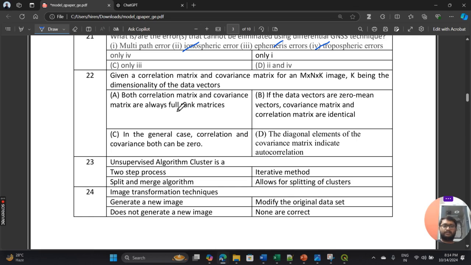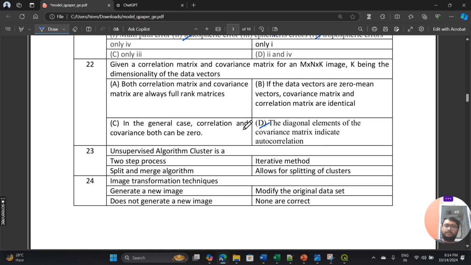If both data vectors are zero, the covariance matrix and correlation matrix are identical, and the diagonal element of the covariance matrix indicates autocorrelation. What do you think? It will represent the variance, and if we take the square root of it, we will get the standard deviation. I think B is correct.